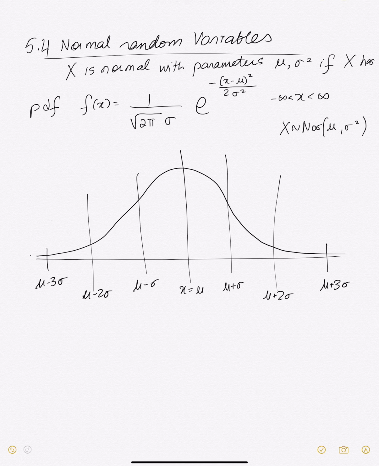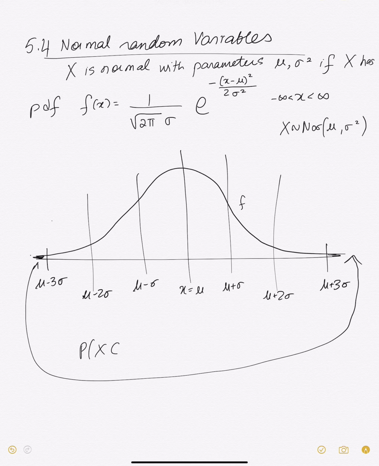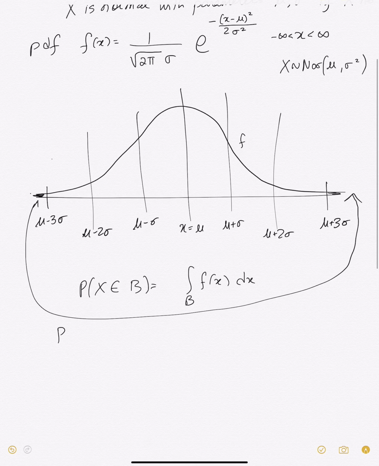And what you have is that the area outside of the interval mu minus 3 sigma to mu plus 3 sigma is very small. So this is the density, right? Remember, the probability X is in any interval is given by the integral over that interval of the density function. So the probability that X is less than mu minus 3 sigma or X is bigger than mu plus 3 sigma is very small, approximately 0.0026.